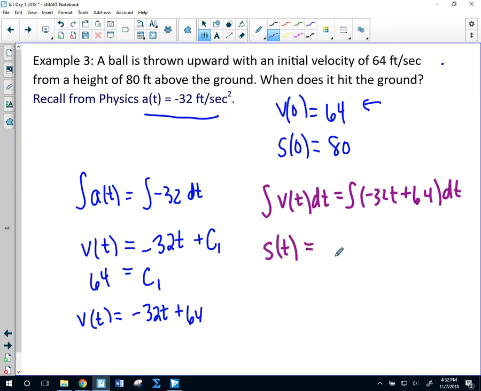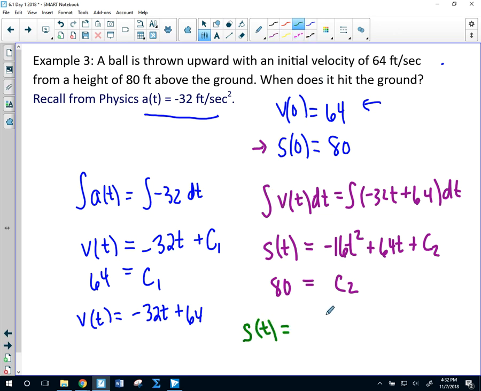Negative 32t becomes negative, this should look familiar to you physics people, 16t squared plus 64t plus c. And we know that the initial condition for the position is when time is 0, the position is 80. So my constant for the position is 80. So my final answer would be negative 16t squared plus 64t plus 80.